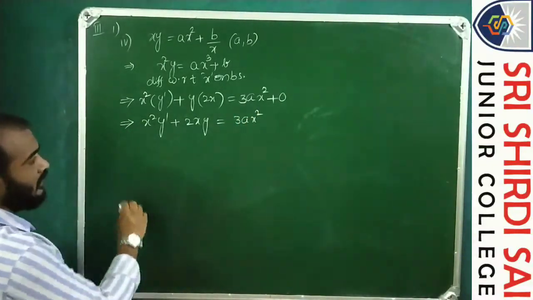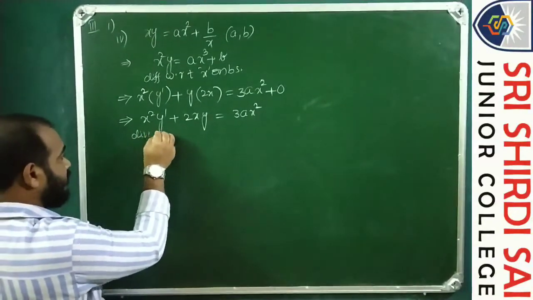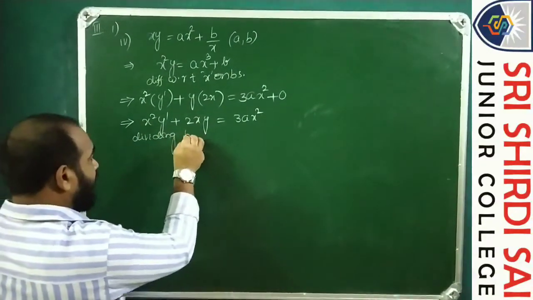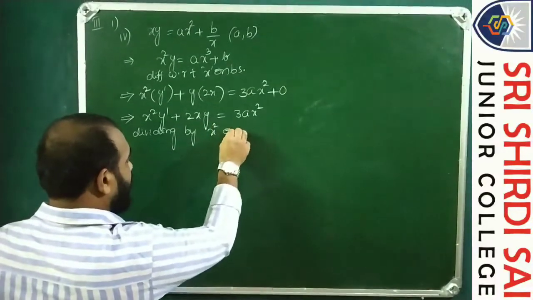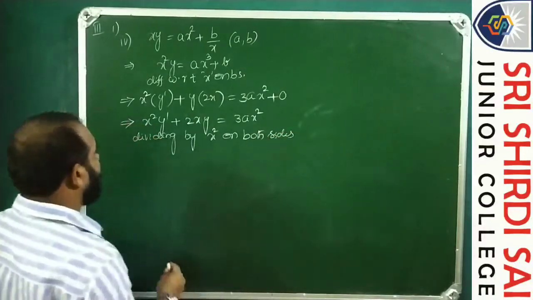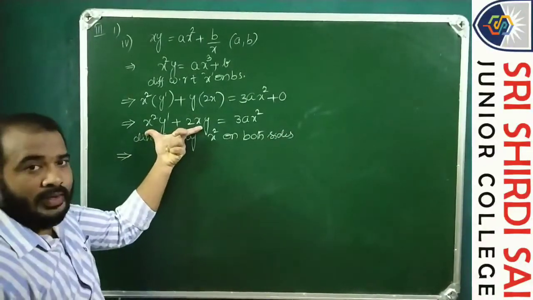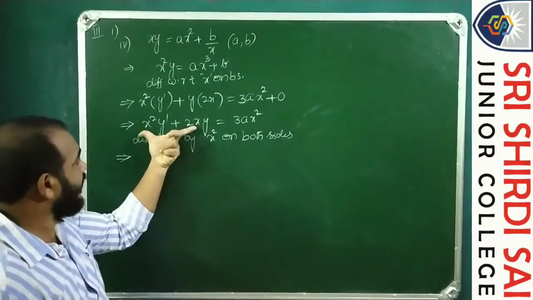Now let us divide by x square on both sides. x square y dash plus 2xy by x square. X square gets cancelled.